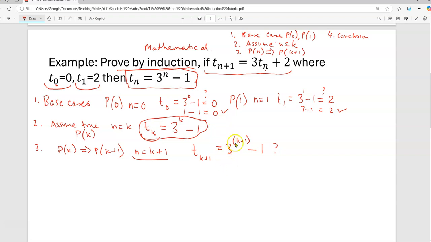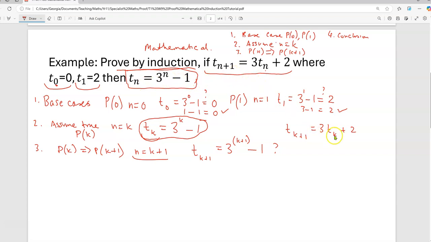Let's see if we can do this algebra. So is that going to be true? The series, we've got T of k plus 1 over here is equal to 3 times T of k plus 2. We're assuming that that is true because that is in the if true part before the then.